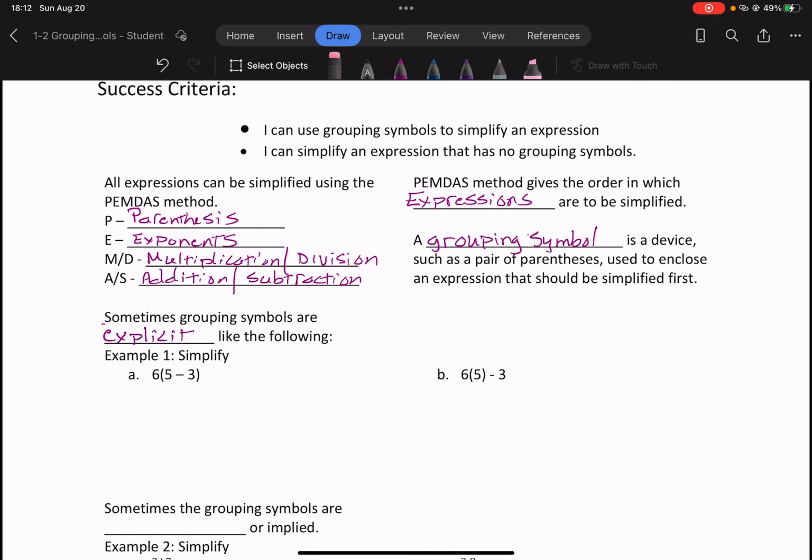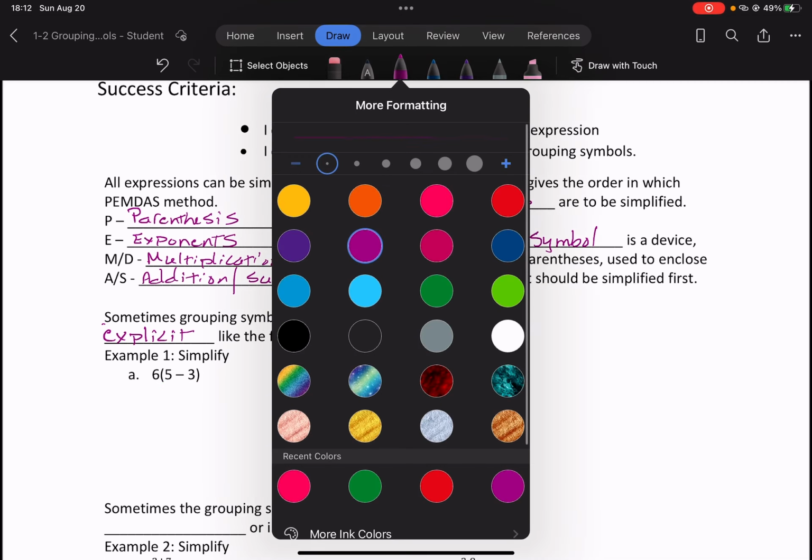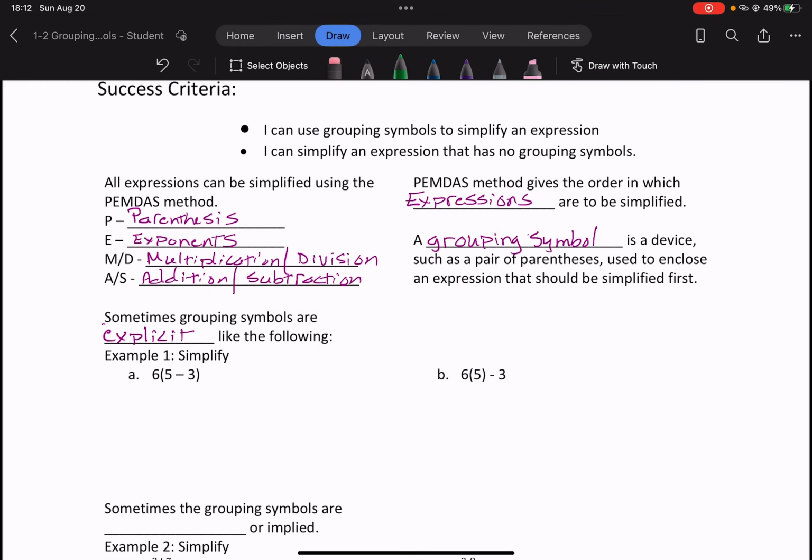So let's look at the first one here. What do we simplify first? What's inside the parentheses? What's 5 minus 3? So I bring the 6 down, do 5 minus 3 and get 2, and 6 times 2 is 12.